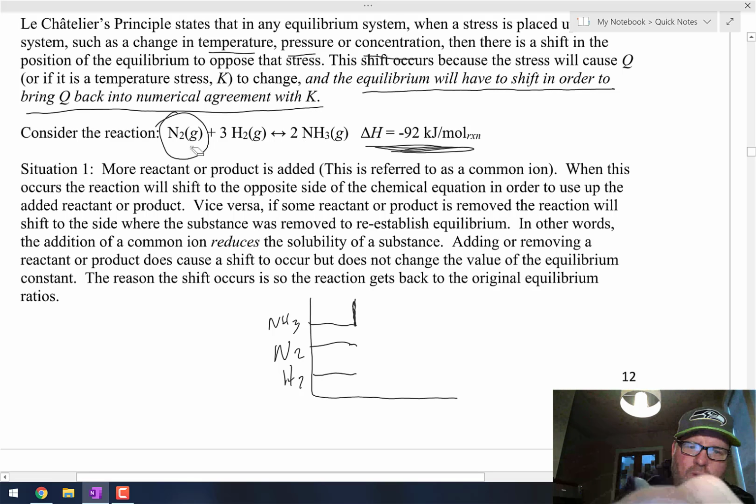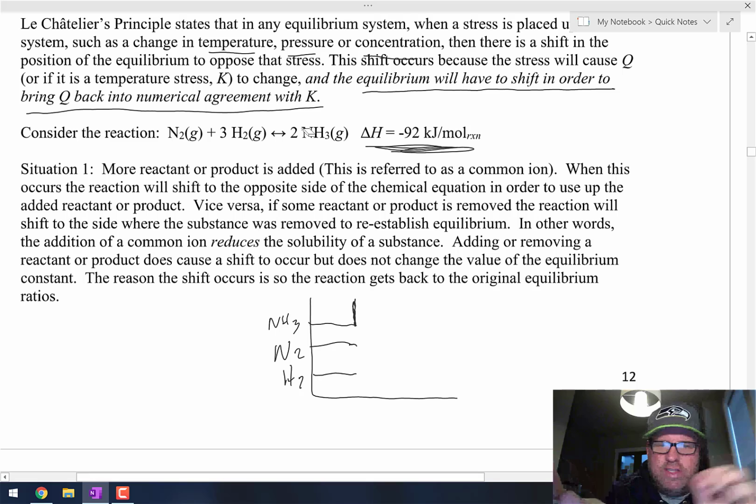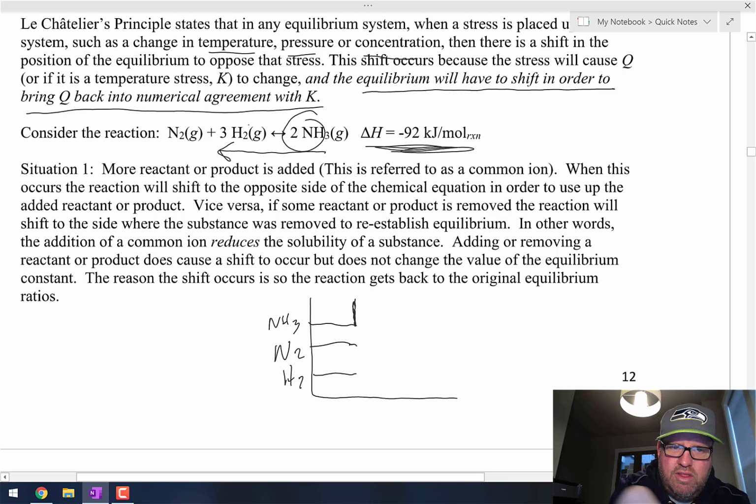What the reaction's going to do is shift to the opposite side of the chemical equation of wherever you added it. So if I added some NH3, the reaction's going to shift this way. And I want you to think about mathematically why that happens. Think about the Q value, because remember, you're not at equilibrium. As soon as you add some more NH3, you're not at equilibrium anymore.